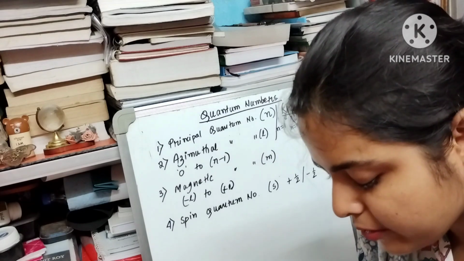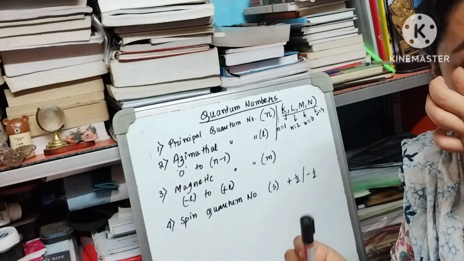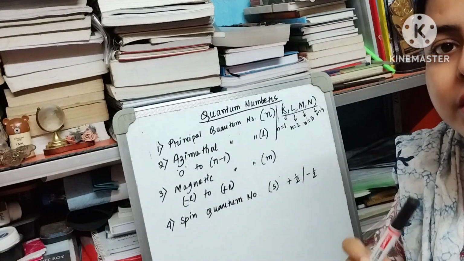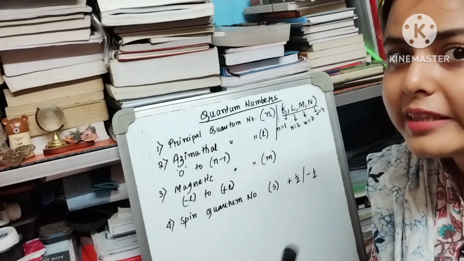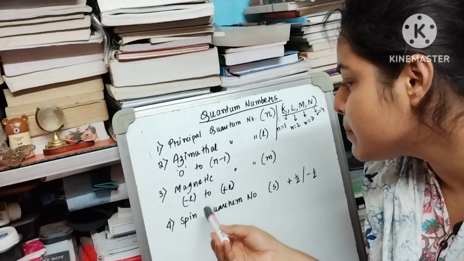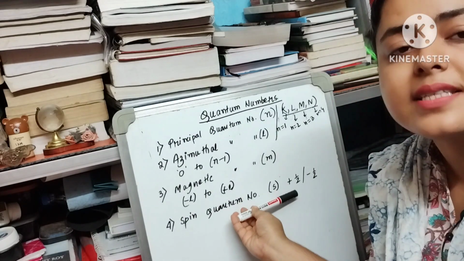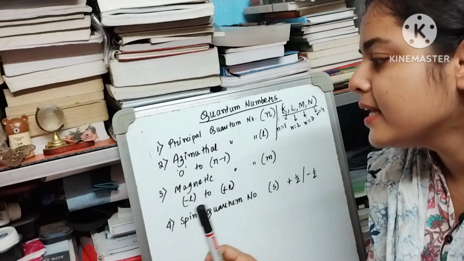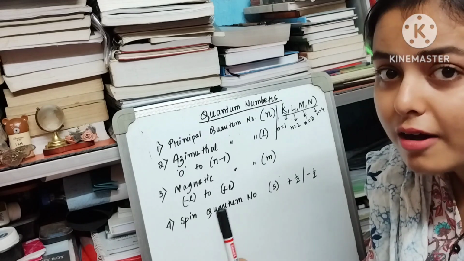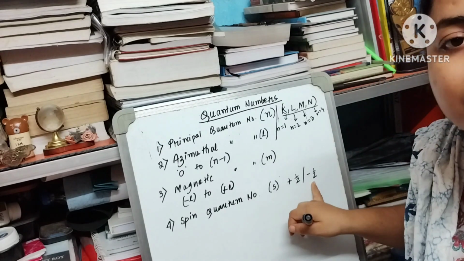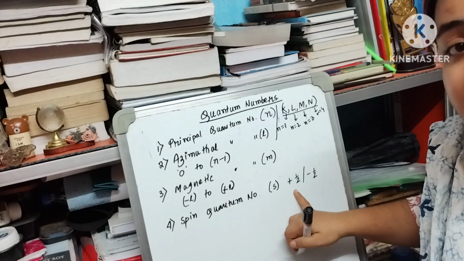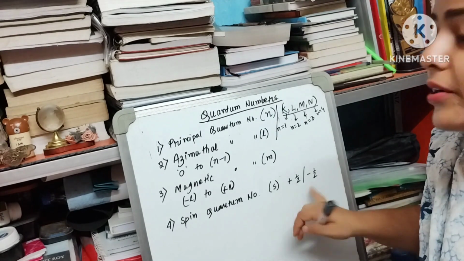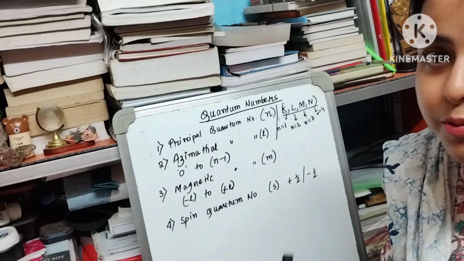You know that electrons move about their own axis also, and they rotate around the nucleus, just like our earth rotates and also revolves around the sun, right? So if you take clockwise rotation as plus half, then minus half will be anticlockwise rotation. And if you take plus half as anticlockwise rotation, then minus half will represent clockwise rotation, according to your consideration.